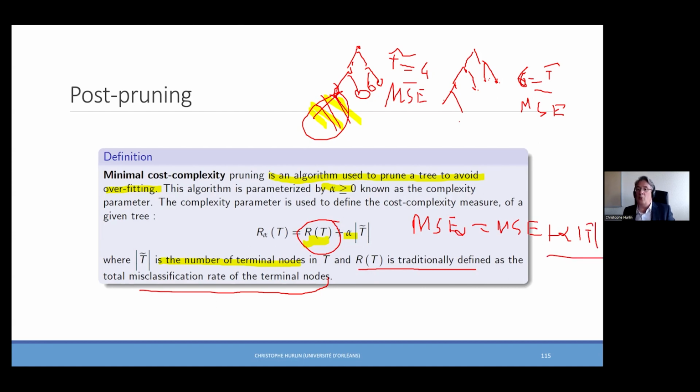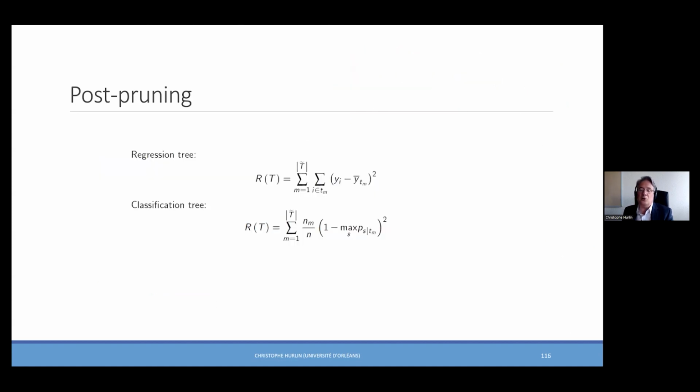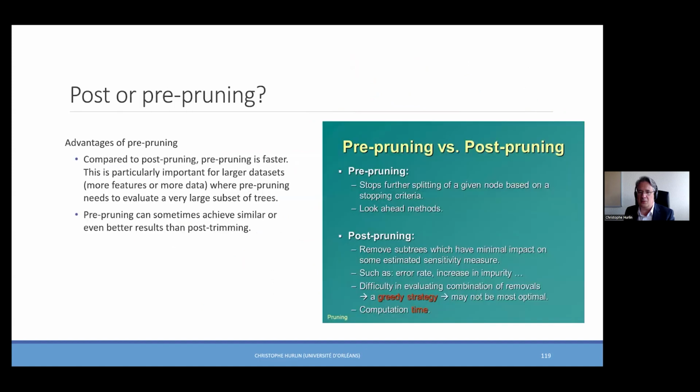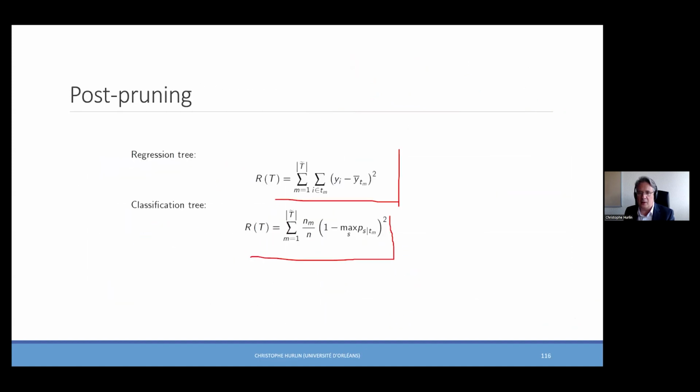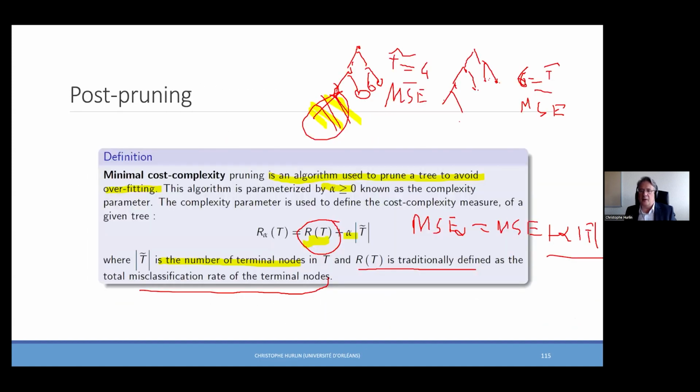And then, what is the optimal model? In general, RT is the MSE for a regression model, and RT is the percentage of correct classification in the case of a classification tree, whatever. The optimal model is a model that minimizes this cost complexity measure or criterion.